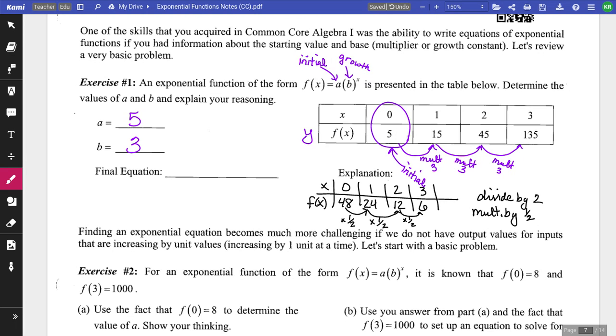In this case, it would be an exponential decay, but my growth factor B would be 1/2. Even if you see that you're dividing by 3, turn that around and think of multiplying by 1/3. So back over here, what is our final equation? Y equals A, which is 5, times B, 3, to the x power.